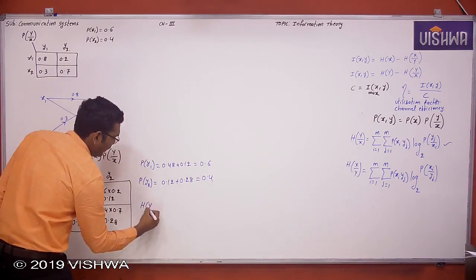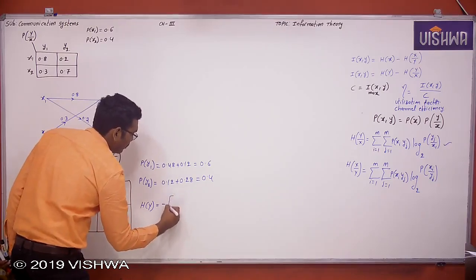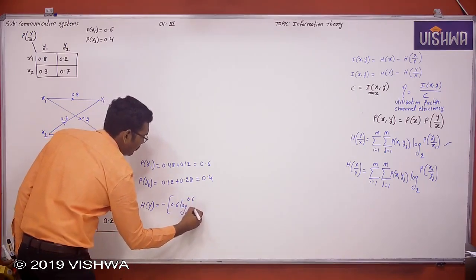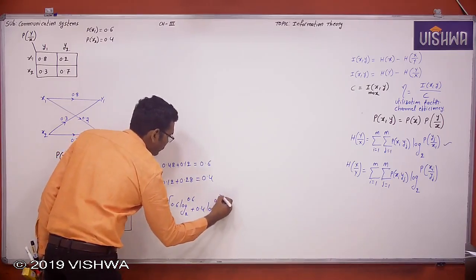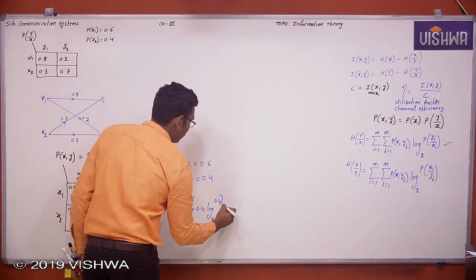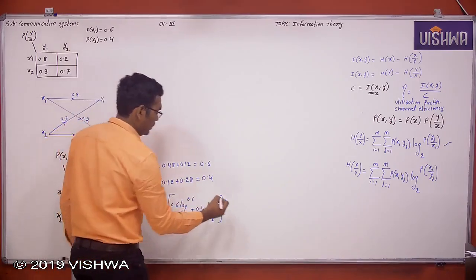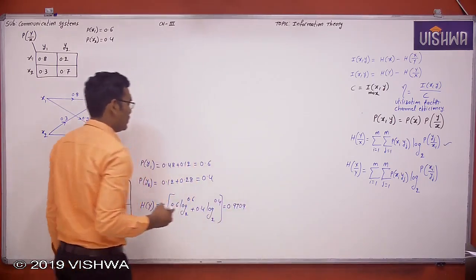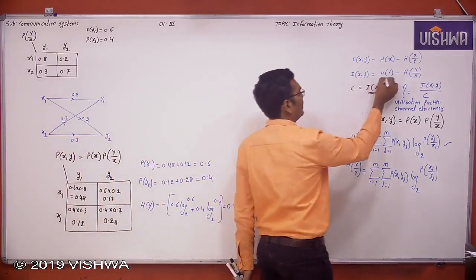H of Y, the entropy of source Y, is equal to minus 0.6 log 0.6 base 2 plus 0.4 log 0.4 base 2, which is equal to 0.9709. This is the entropy of source Y. Okay. So for finding mutual information, H of Y is required. H of Y is completed.